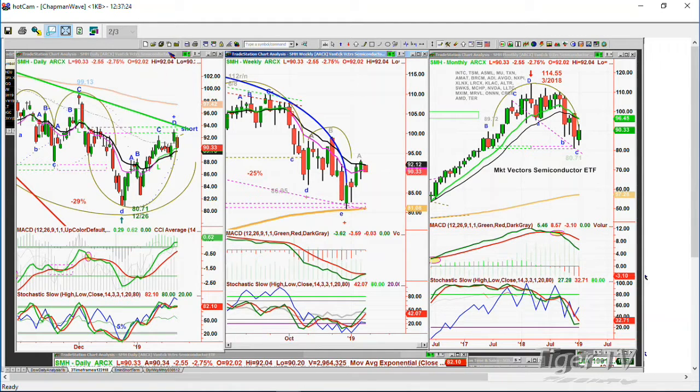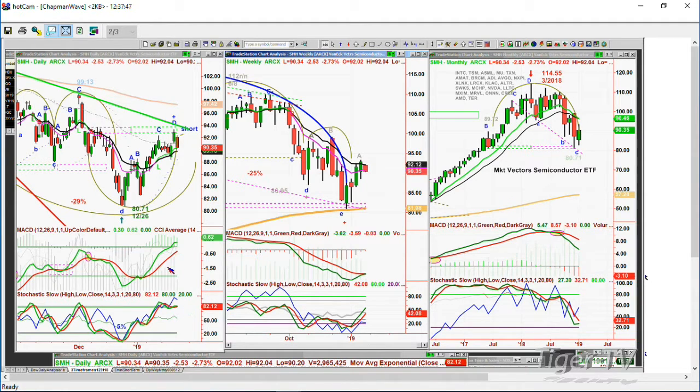SMH, semiconductor at 90.33, down 2.75%. Made a peak D in the left side, right side price time match. One day, it didn't quite get there. Just missed the left side high. And in one day, it was short, both in time and price. The other thing is that the MACD is good.